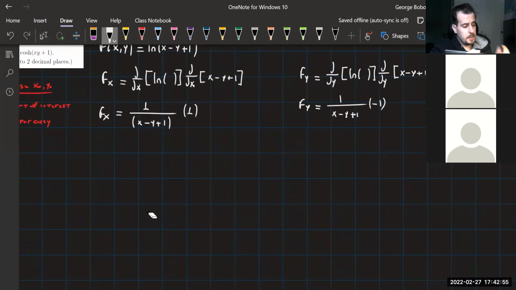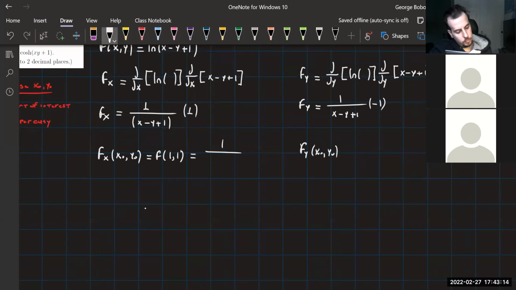So we got the derivatives. Now I got to evaluate them where I chose my actual points to be, and I'm going to do the approximation. That is at 1, 1. Nice. Okay, so this one here is just 1 over 1 minus 1 plus 1, or just, as you can see here, 1.